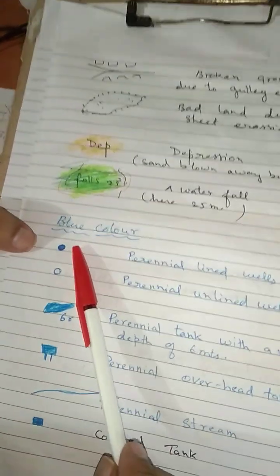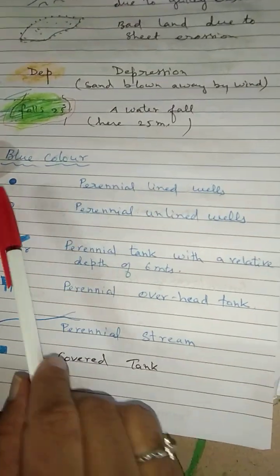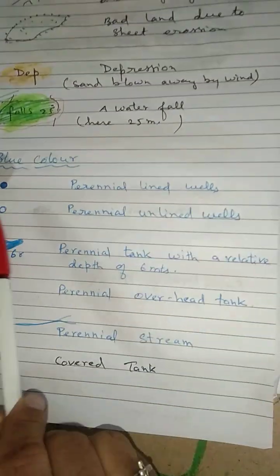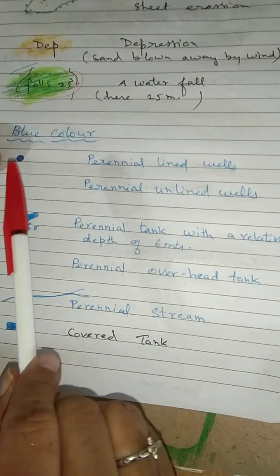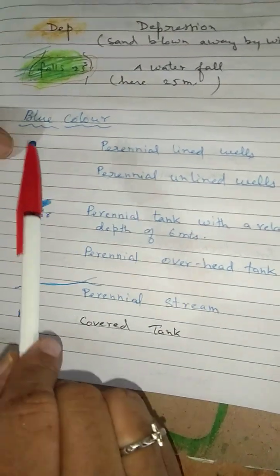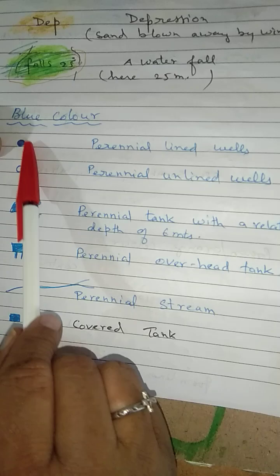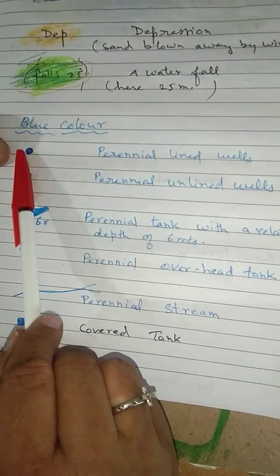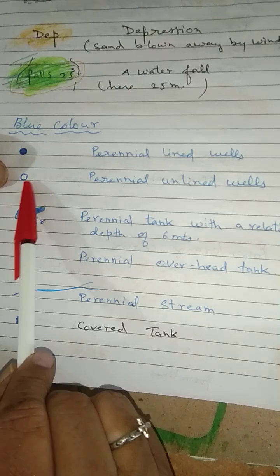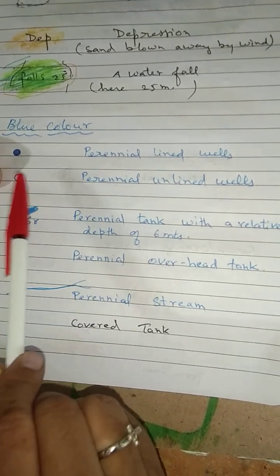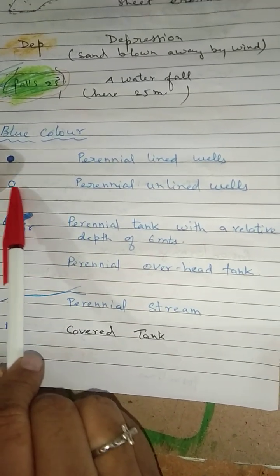Then in blue color we have perennial water bodies. This is a perennial lined well and a perennial unlined well. The difference is that the perennial lined well has brickwork, a wall right from the bottom to top, and a perennial unlined well does not have any brickwork. It's a hole of only mud.